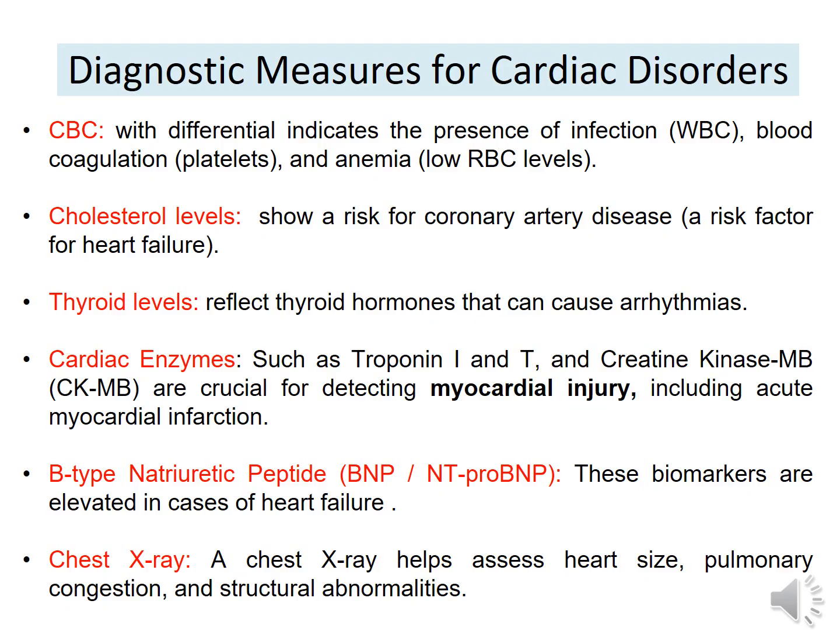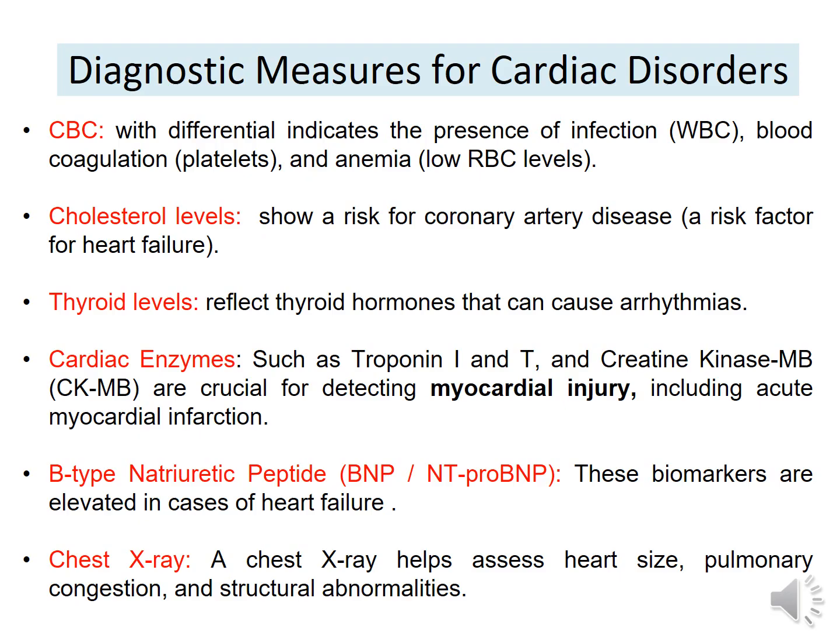If it's found in the blood of a human, it means they have a myocardial injury. Also, we have creatine kinase, or CK-MB. This is an abbreviation. Both of them are crucial for myocardial injury. So mostly we find both of them in the emergency department for any patient complaining of chest pain, to identify whether they have a myocardial injury or something else.